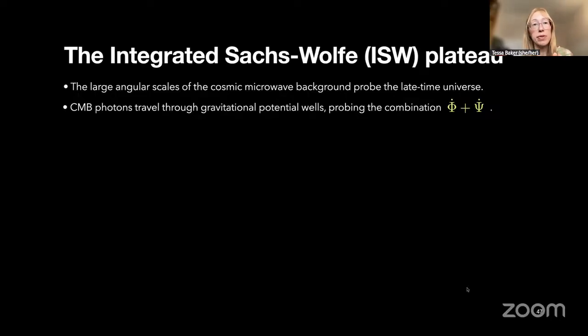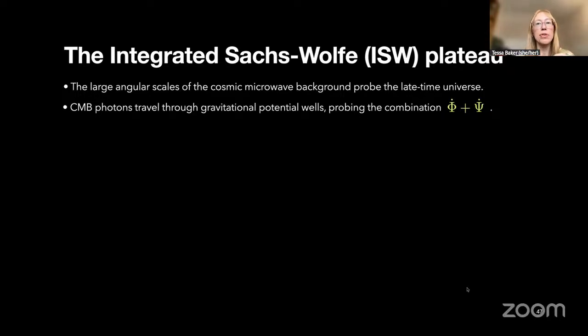Of course, most of the CMB is really formed at high redshift. Most of that physics is set down at early times, and this has probably been covered in Eve's lectures. But there is one part of the CMB which is sensitive to what happens in the late universe, and that is the largest angular scales.